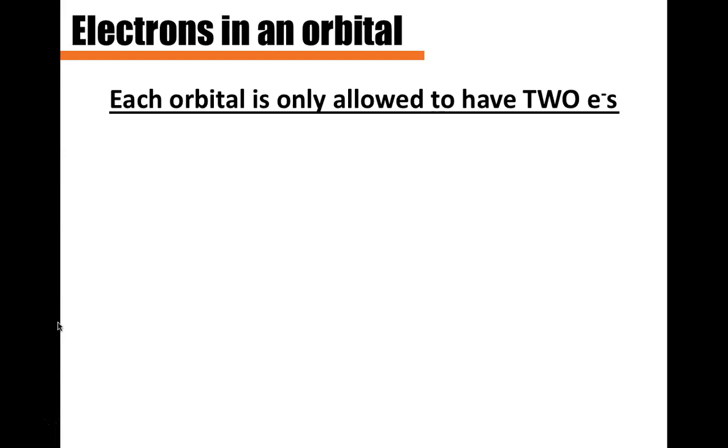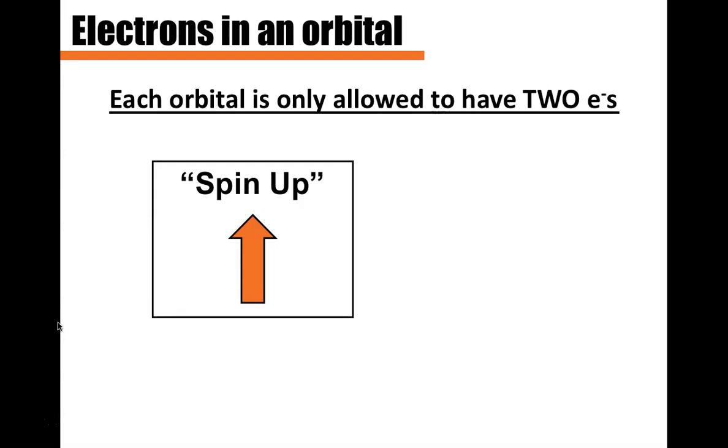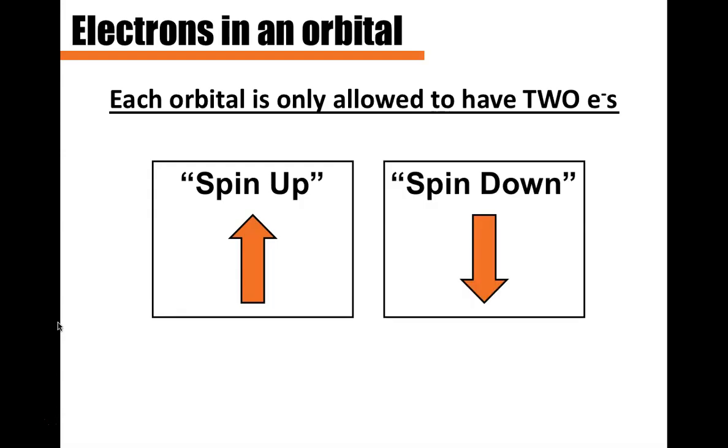Now, the other thing about these 2 electrons that exist in each orbital maximum is one has an up spin and one has a down spin. Now, are electrons literally spinning? Not really. We have no idea. We've never ridden on an electron, so couldn't tell you.